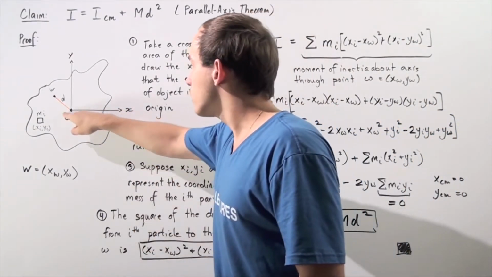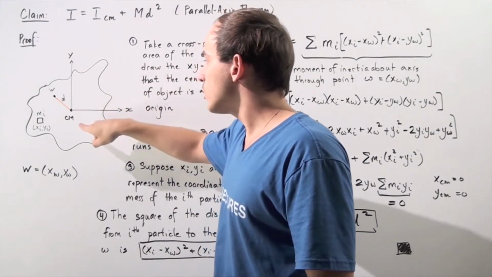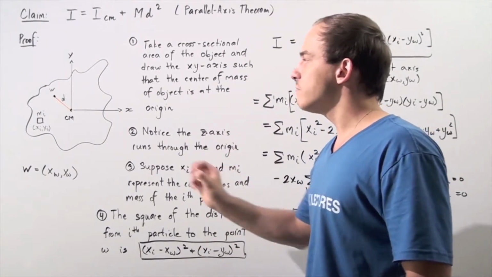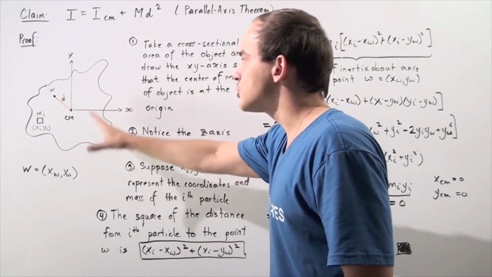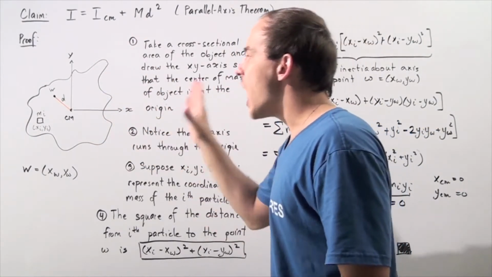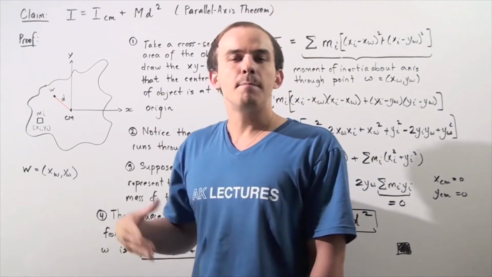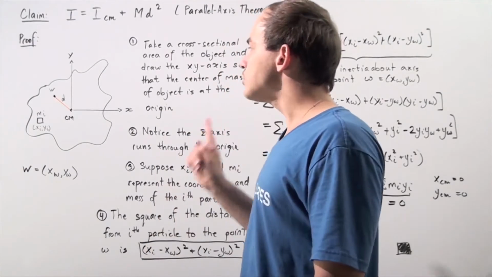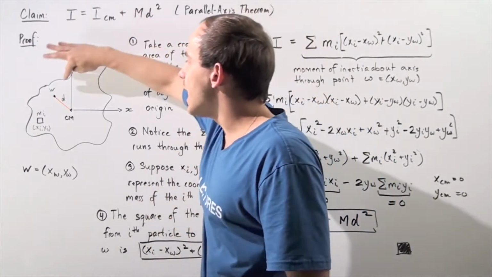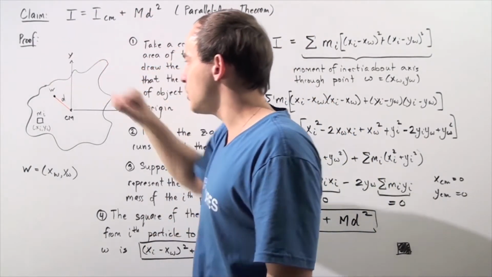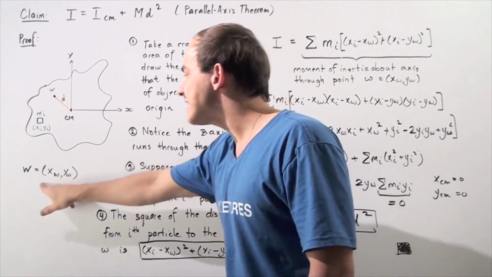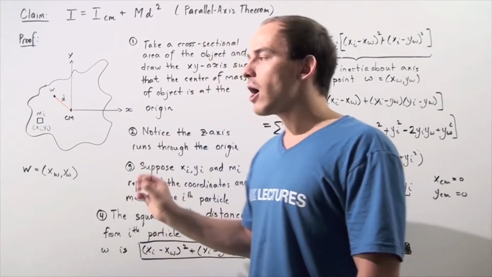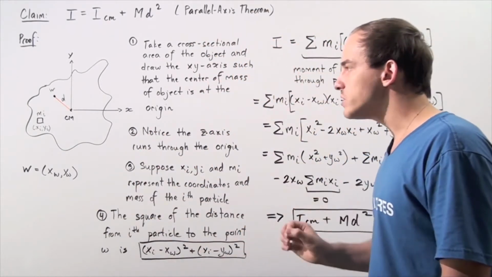This is the origin, our xy axis. The origin is at this point, and that's exactly where the center of mass of our two-dimensional object is. Now the object actually rotates about some point that is not the center of mass. So let's choose that point to lie here. The point W, given by the coordinates xw, yw, is the point about which our object is actually rotating.